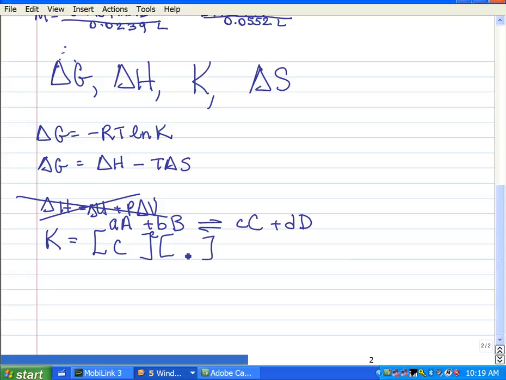And we know that for any substance that is not aqueous, we don't count it in the equilibrium constant expression, right? And delta S we can get from the delta G equation. So the best thing for us to do right now, the most helpful thing, is to first calculate K.